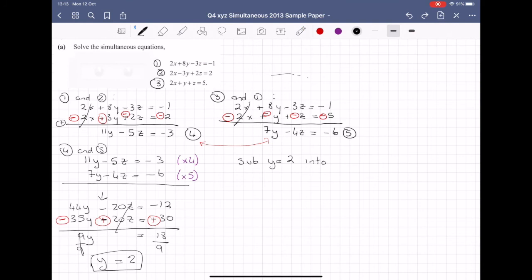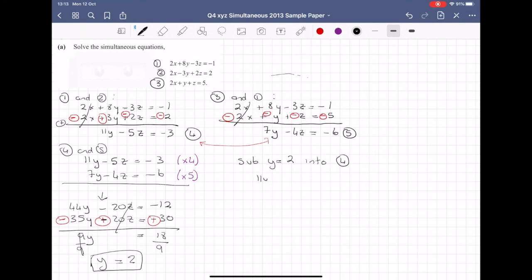So what you do is you go back to either 4 or 5, because in each of them you've only two unknowns. You know one of them, you know the y's, so then you'll be able to solve it for the z. And then the theory is when you have the y and the z solved, then you go back to 1, 2, 3 and find the x. So whether it's 4 or 5 we sub it into, it doesn't really matter. Let's sub it into 4.